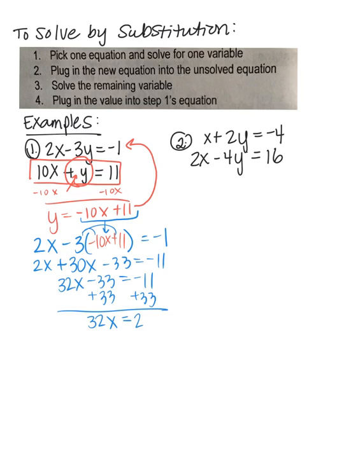Okay, then I'm going to divide. I get 22 over 32. I can reduce that to be 11 over 16.